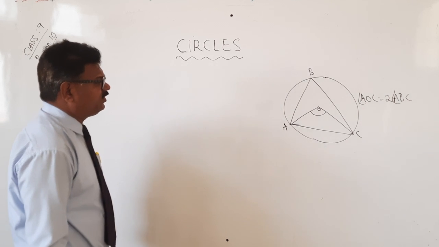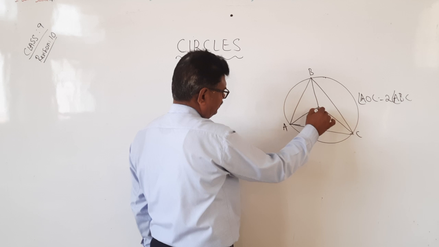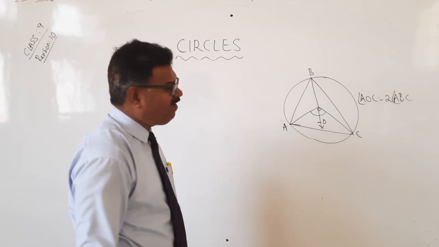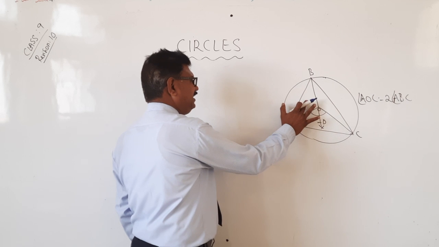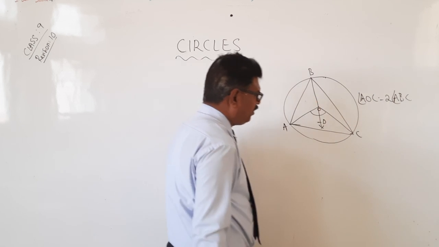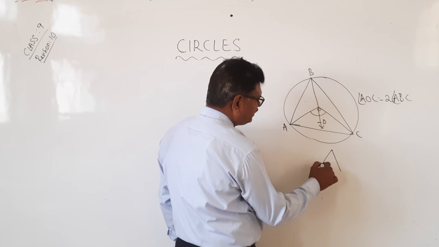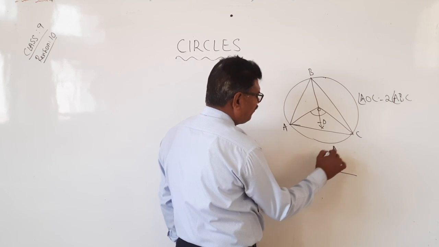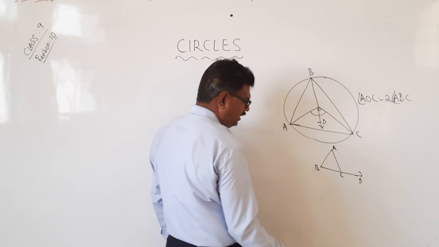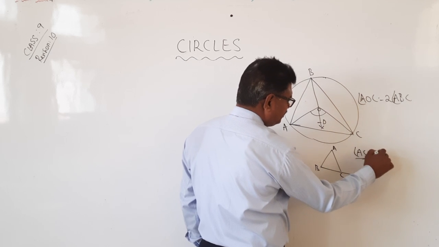Okay? So very simple. Take it like this. This is D. Now consider this triangle and this triangle. Before going to this, we should know the property of an exterior angle. If ABC is a triangle, then ACD is an exterior angle.